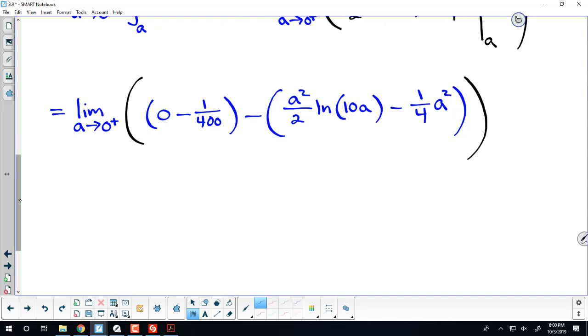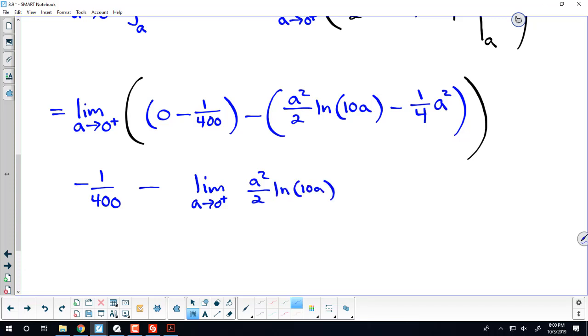So the limit operates on the last two terms. We have our negative 1/400 here. We have minus the limit as a approaches 0 from the right of a squared over 2 ln 10a, plus the limit as a approaches 0 from the right of 1/4 a squared. This one's pretty trivial.